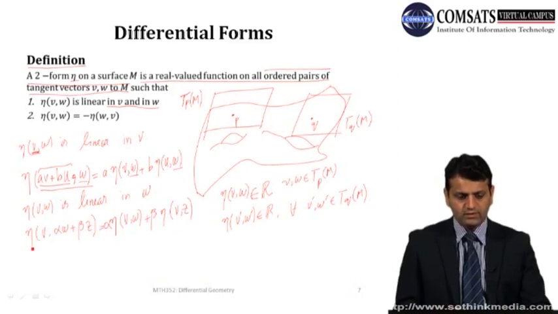So that's how we distribute this eta on this alpha W plus beta Z.